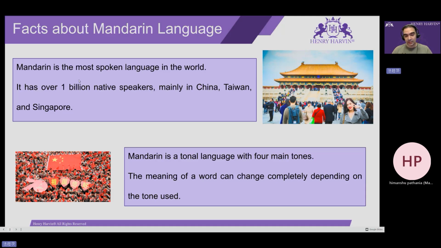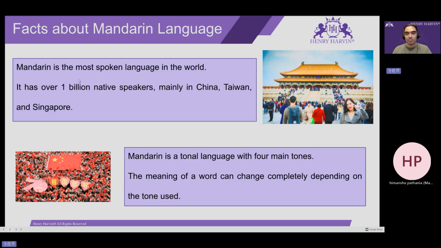So basically, Mandarin is a tonal language, and it has four main tones, but overall it consists of five tones in total. The fifth is the neutral one. That's why there are places where they say it has four main tones, but actually it has five, with the fifth being neutral and the four being the main ones, because they can be used on their own, while the neutral tone often requires other tones to collaborate in combination.